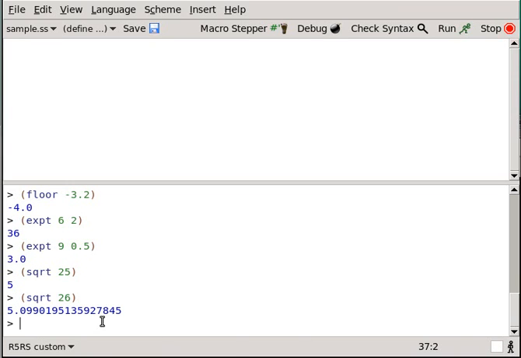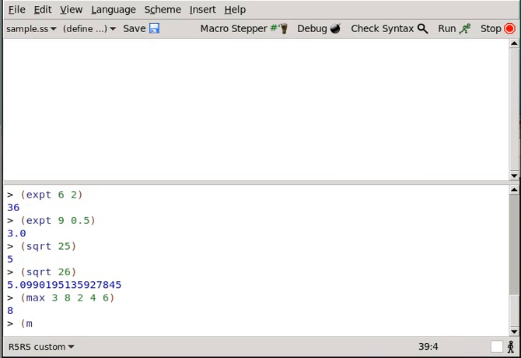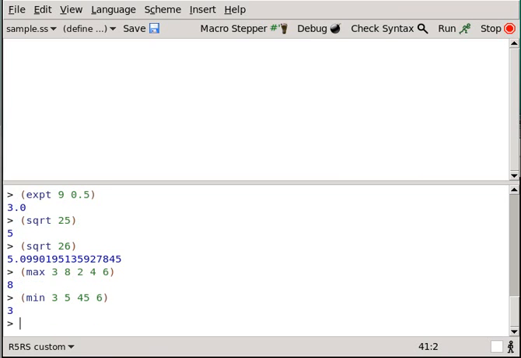Then there's max and min, which is very handy sometimes. Max will just return the maximum of all the numbers you give it, and min will return the minimum, like that.